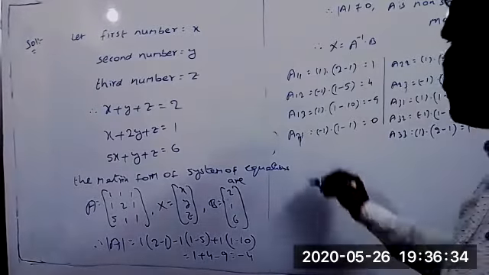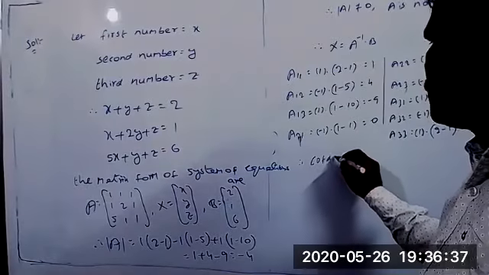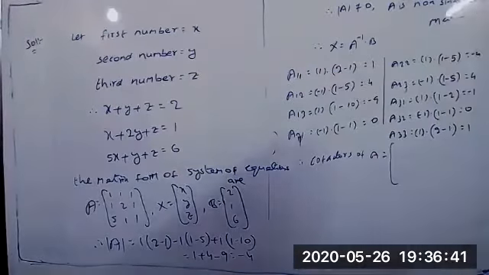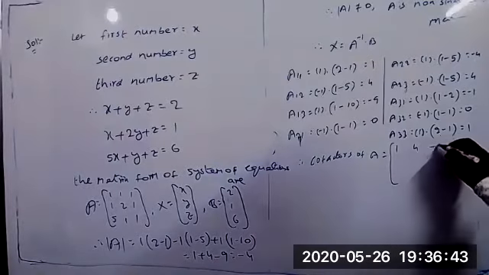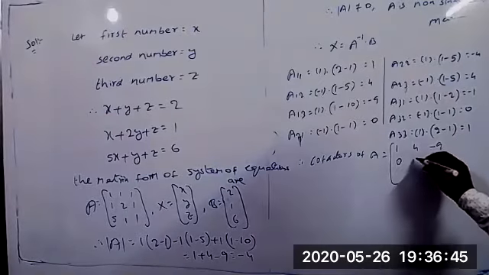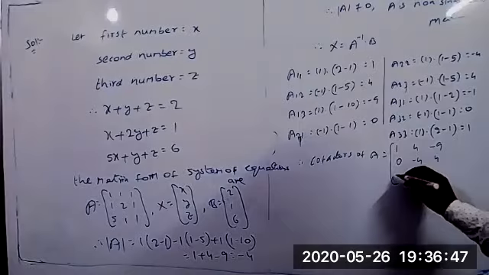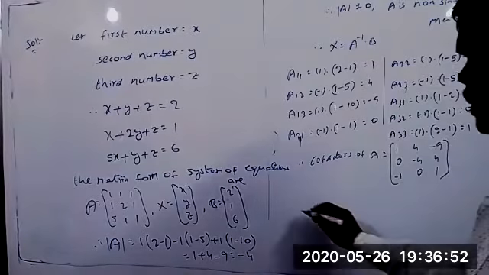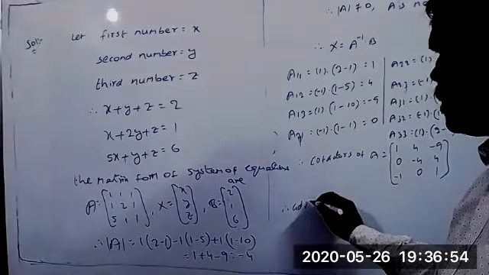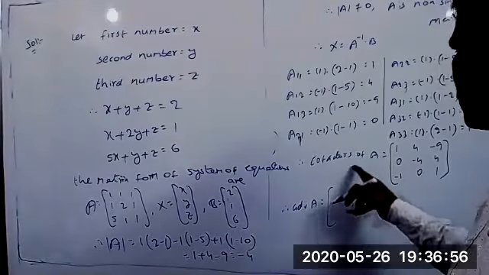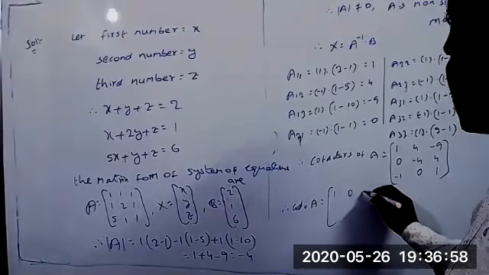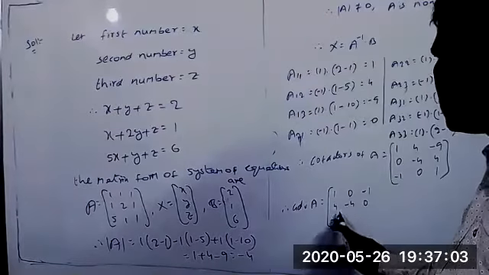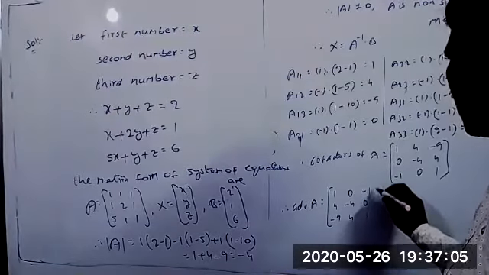So now we can write. Therefore, cofactors of the matrix A equal to 1, 4, minus 9, 0, minus 4, 4, minus 1, 0, 1. Therefore, adjoint A equal to the transpose of cofactors of A: 1, 0, minus 1, 4, minus 4, 0, and minus 9, 4, 1.